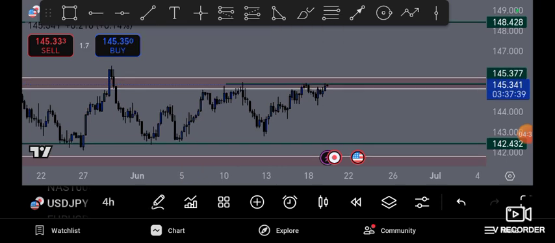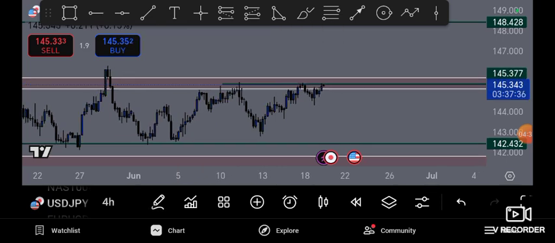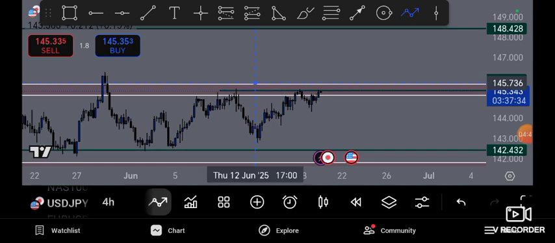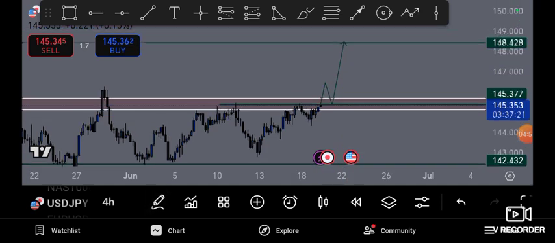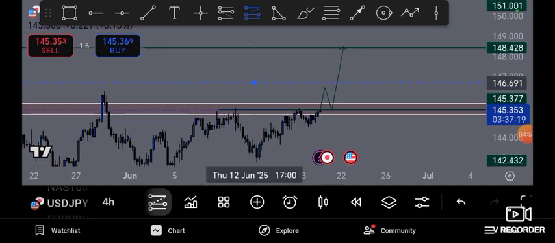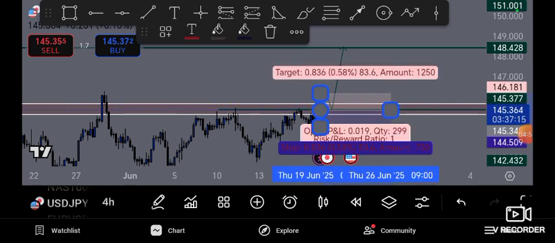The only time I will go for a buy is if the market breaks above the structure, comes back to retest, and then I'll go for buys.